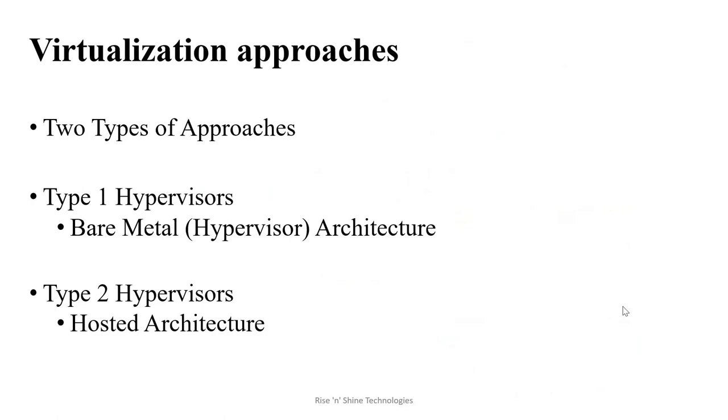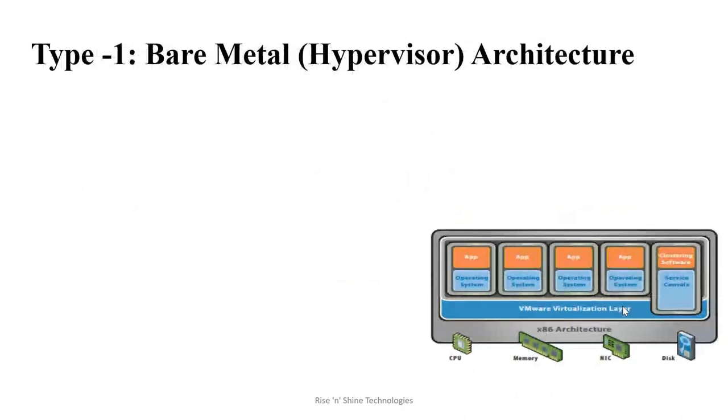So what is the difference between type 1 and type 2? In which use cases will we use type 1 and in which use cases do we use type 2? Type 1 is the bare metal hypervisor architecture.